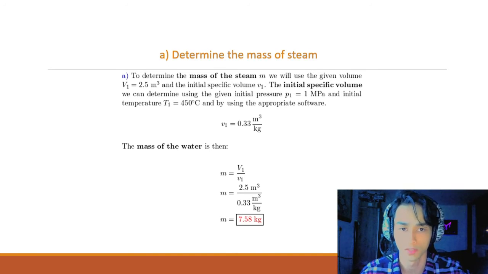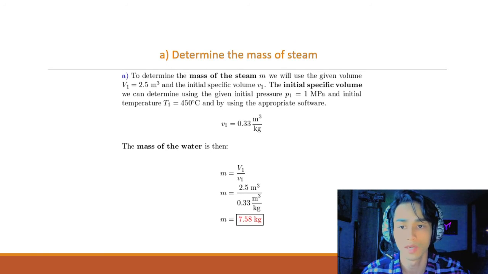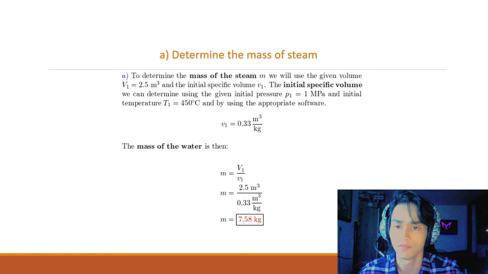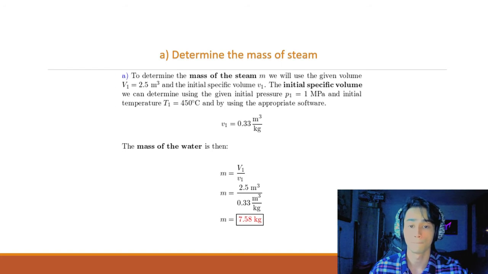To determine the mass of steam, which is m, we will use the given volume, which is V1 equal to 2.5 meter cubed, and the initial specific volume, which is v1. The initial specific volume we can determine using the given initial pressure, which is P1 equal to 1 MPa, and initial temperature, which is T1 equal to 450 Celsius, and by using the appropriate software.